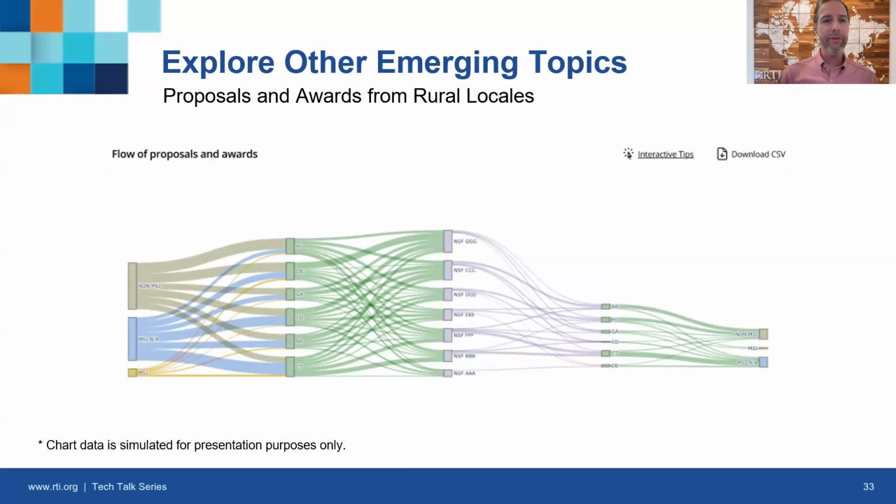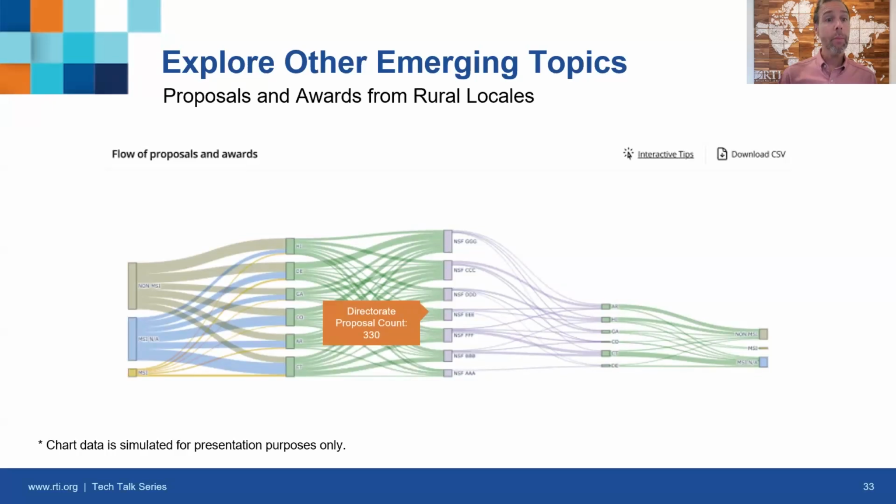Just two more examples here. Here we're looking at the flow of proposals and awards from, in this case, the distinction between institutions in rural locales compared to city or suburban locations. So what you see, the height of the bars in this Sankey chart are showing, for example, the proposal count.